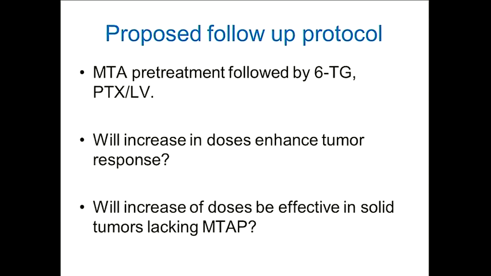So the question is, can you do better if you were able to increase the dose of 6-thioguanine effectively by using methylthioadenosine pretreatment? Our proposed follow-up protocol, if we can get somebody to make methylthioadenosine for us, is to use the same protocol using methylthioadenosine pretreatment followed by 6-thioguanine and pralatrexate leucovorin.